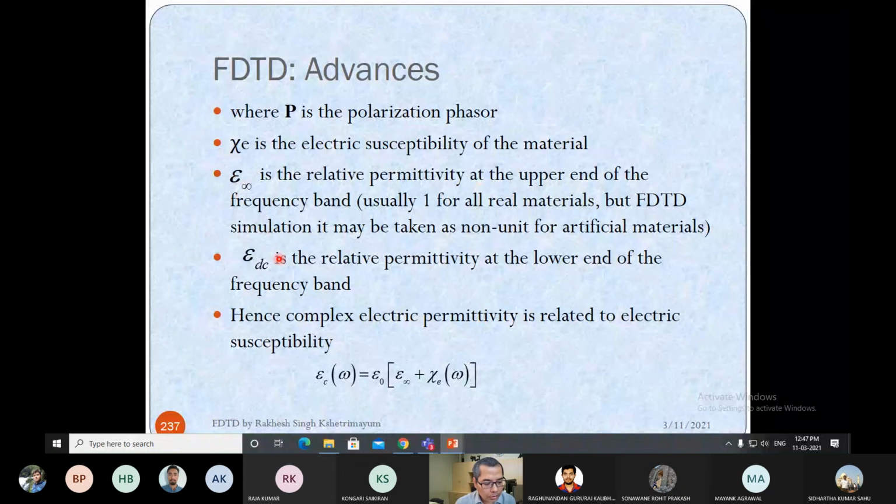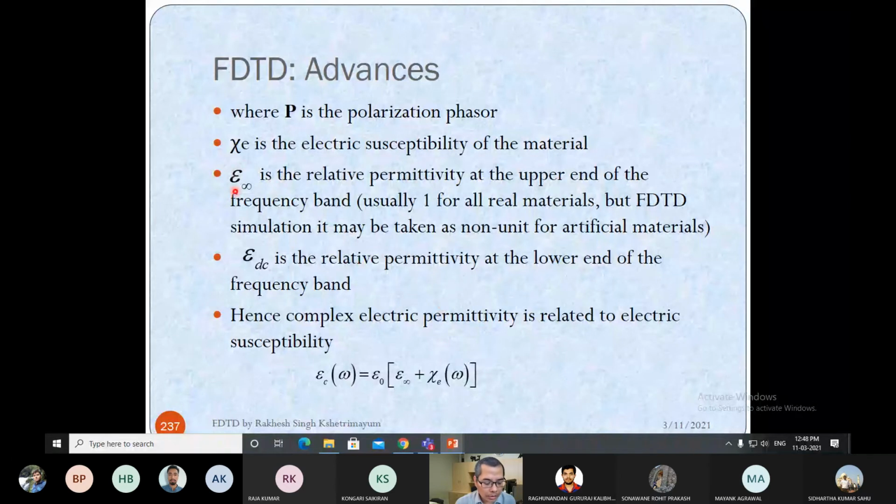We have another term, epsilon dc, the relative permittivity at the lower end of the frequency. When frequency omega is tending to 0, how much the relative permittivity is, we will denote by epsilon dc. So at omega equal to 0, the permittivity of the medium will be epsilon dc into epsilon 0. This is the relative permittivity at the lower end of the frequency. Again, the permittivity of the medium at omega tends to infinity will be epsilon 0 into epsilon infinity.